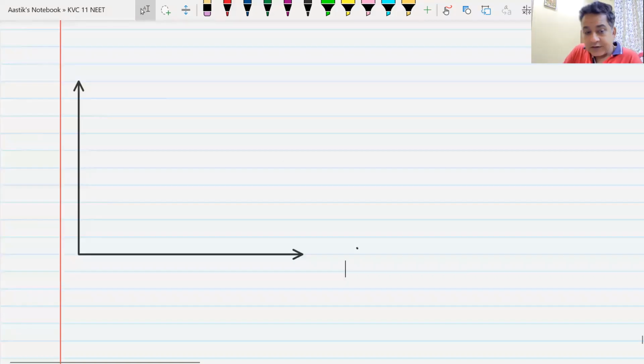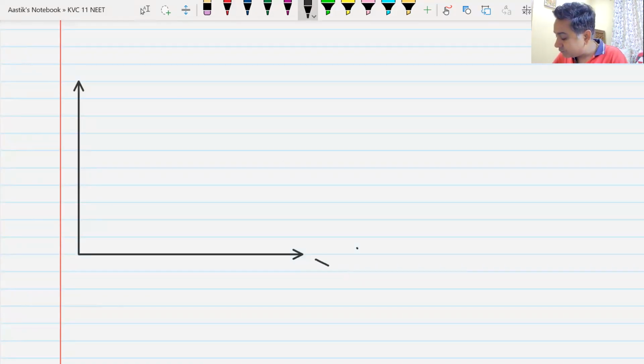Done. Then I will draw the third graph. On x-axis, I have plotted t. On y-axis, I have plotted position. Let me call it as y. And I draw the graph like this.